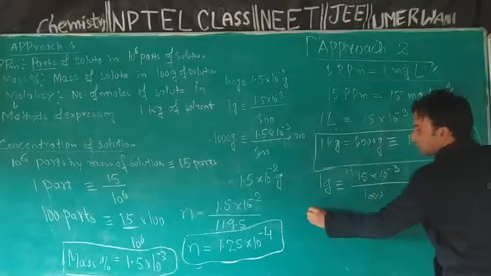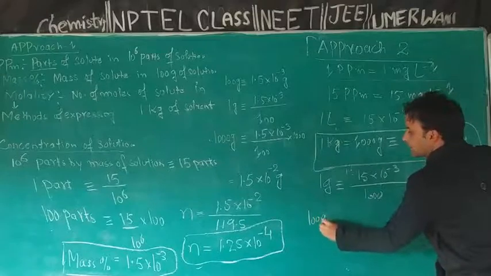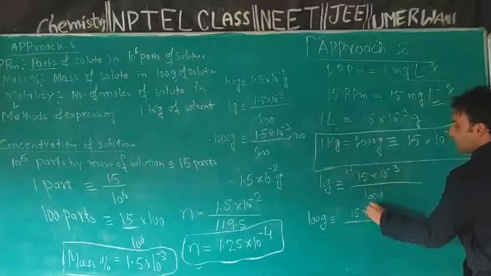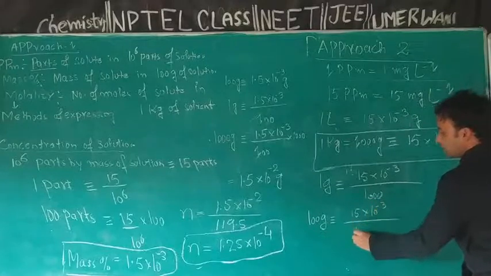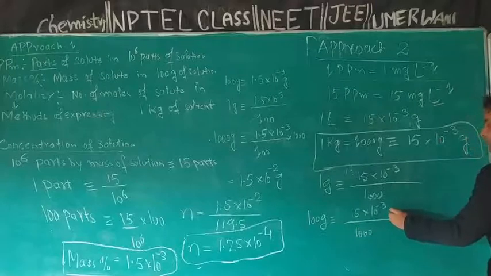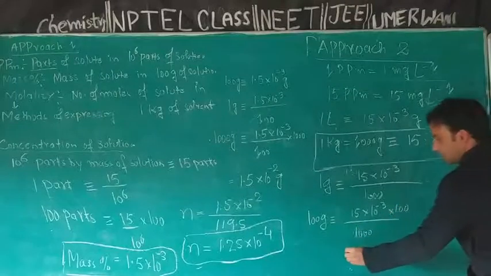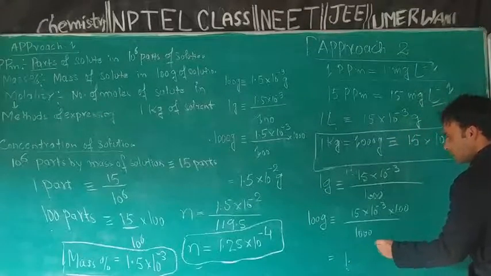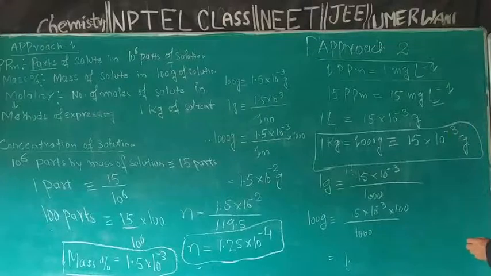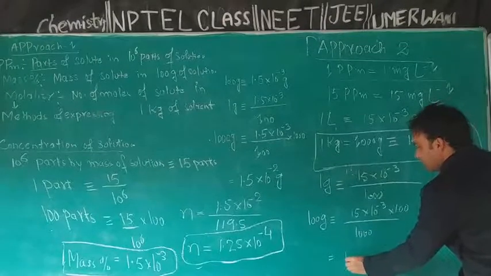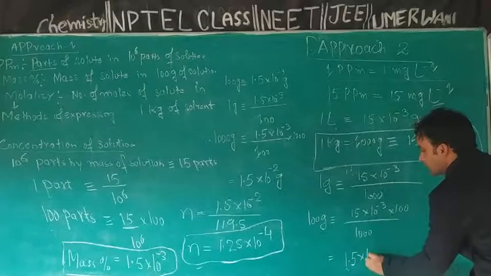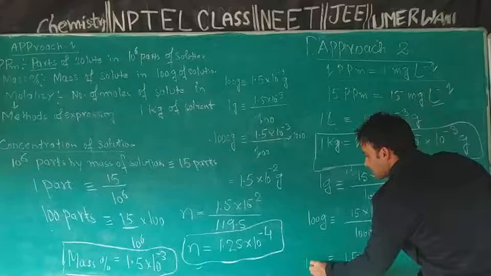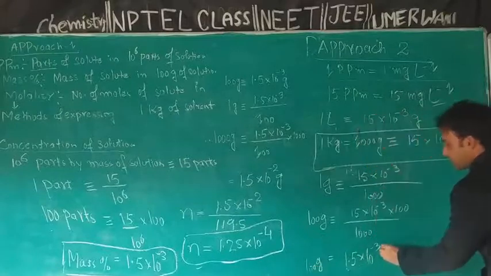Now 100 grams will contain 15 multiplied by 10 raised power minus 3 divided by 1000 multiplied by 100, and it will come equal to 1.5 into 10 raised power minus 3 grams per 100 grams, percent.